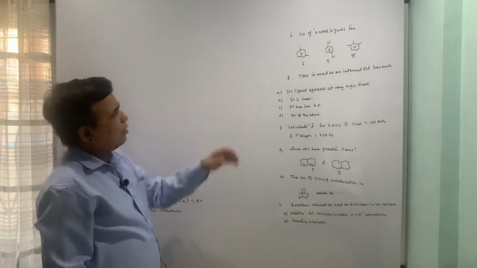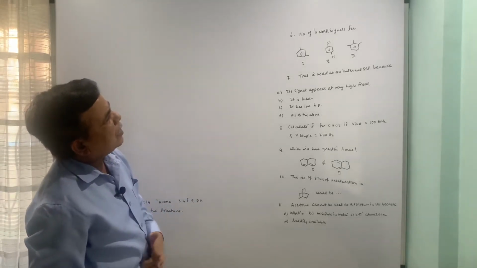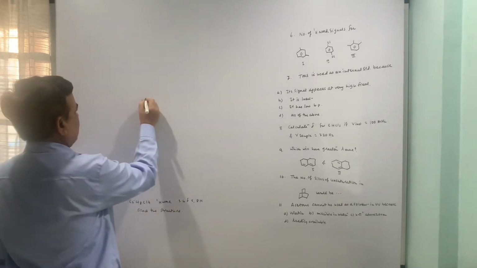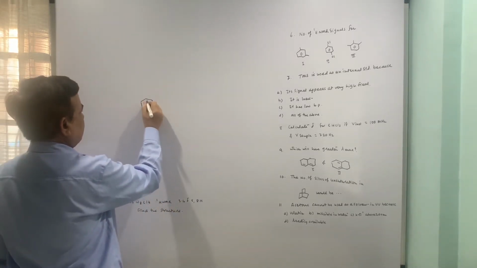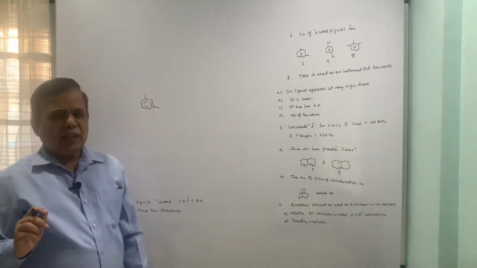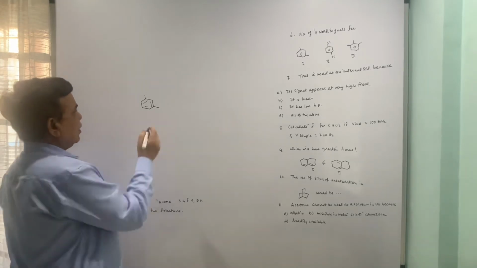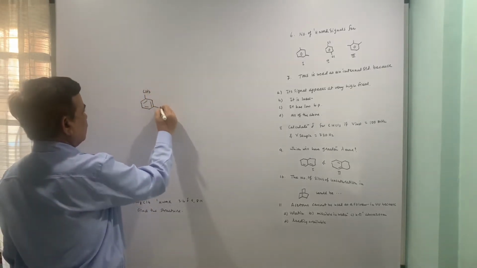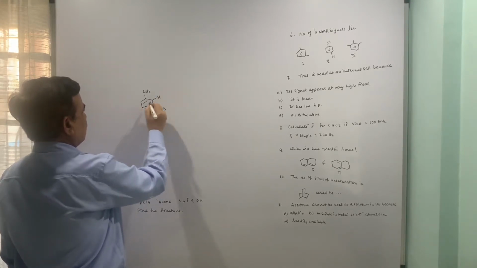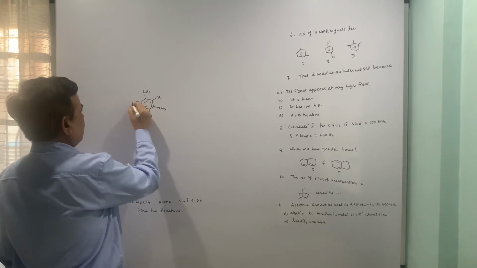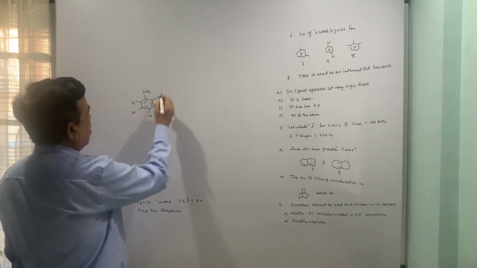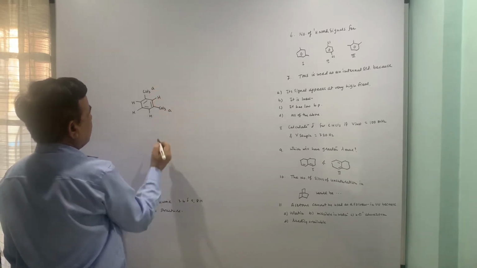Okay. Now the sixth one: the number of proton NMR signals for the first molecule, this 1,3-dimethyl benzene. The methyls will form one set.